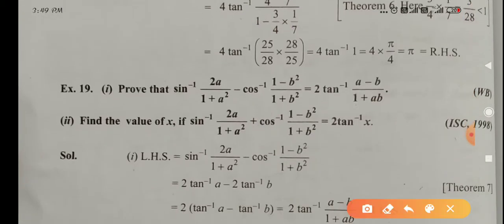You can see after simplification 4 tan inverse 25 upon 25. So 4 into tan inverse 1. Just before in previous example I put in place of tan inverse 1 pi upon 4. Now in place of tan inverse 1 pi upon 4 you can put, 4 will be cancelled, then answer is pi.